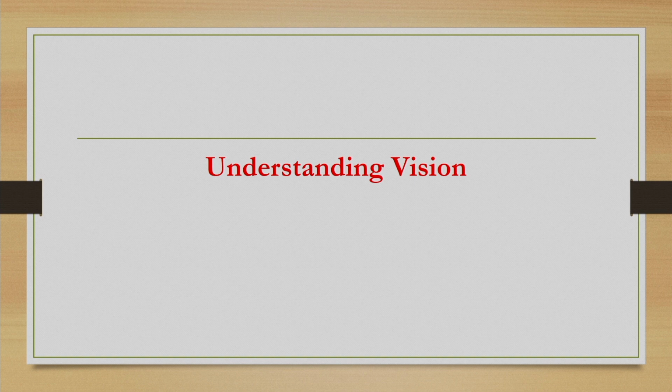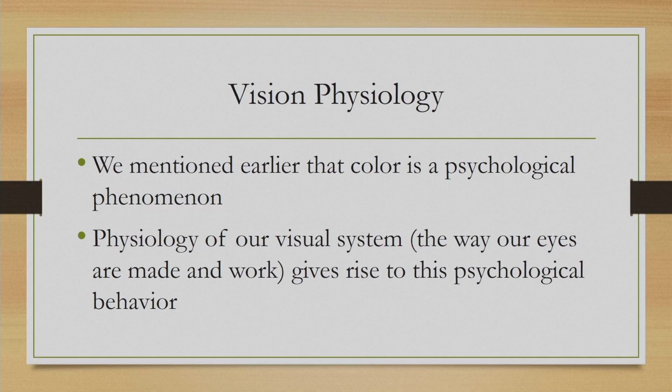So, before we start our discussion on the topics, I would like you to understand the basic idea behind our perception of color. In order to do that, we need to know the psychology and physiology of vision. How do we perceive? We mentioned earlier that color is a psychological phenomenon.